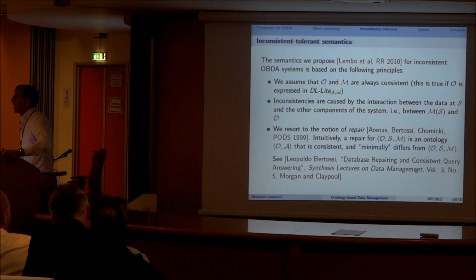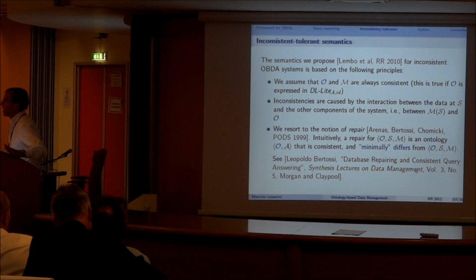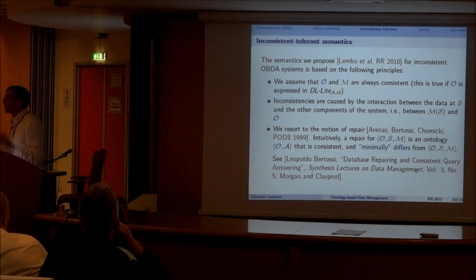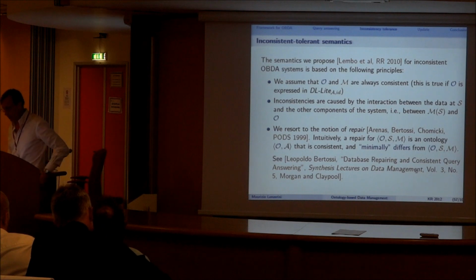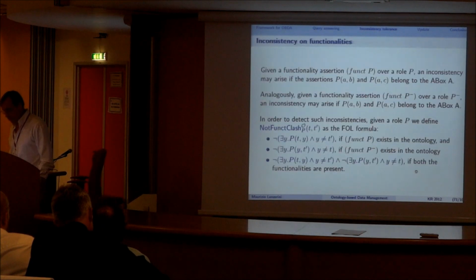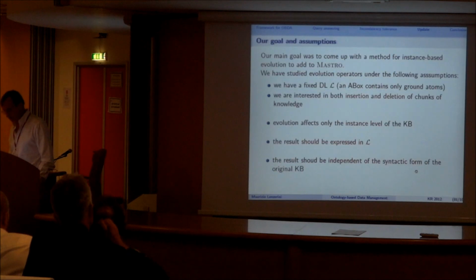You accept a sort of weak kind of semantics for inconsistency tolerance, but at least you have a means for trying to answer queries, even in the case where your data are not coherent with the ontology. I want to skip all of this, and I want to go on.